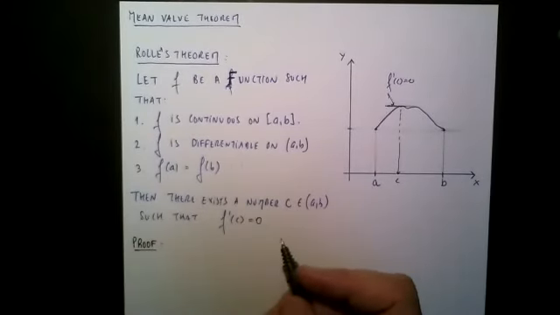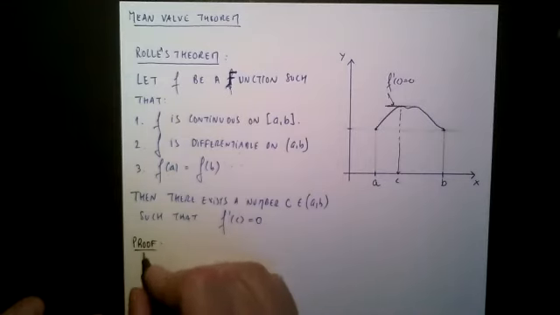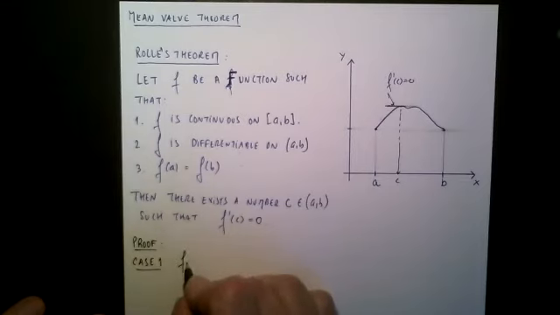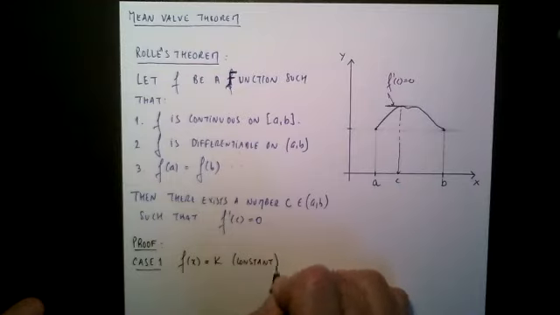So, proof. It's going to be 3 cases. Case 1: if f of x is equal to a constant, let's call it k. That could happen.